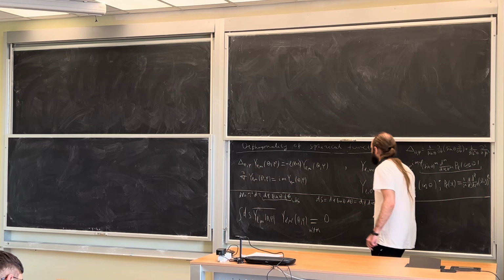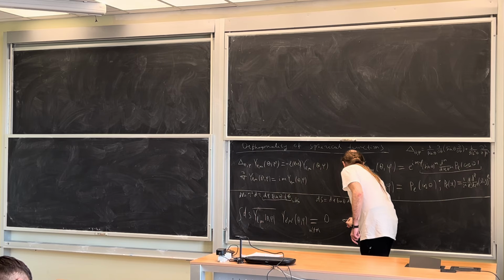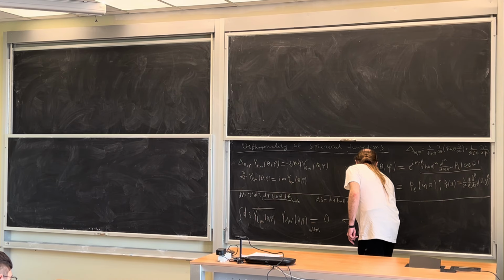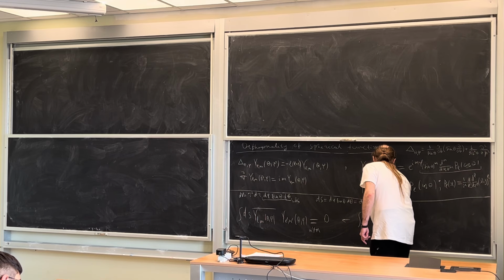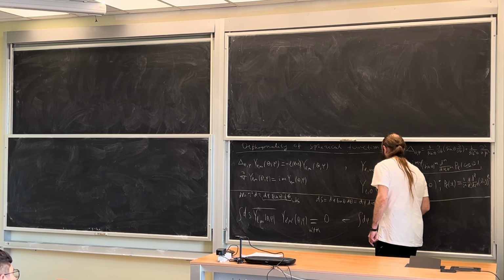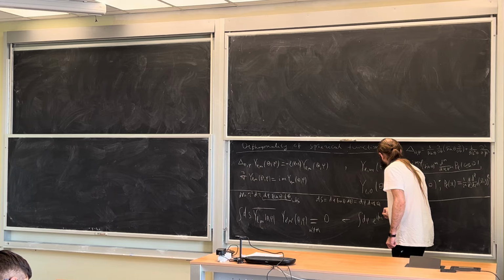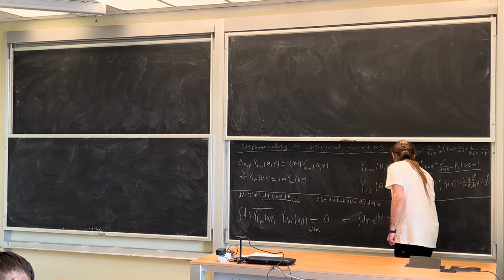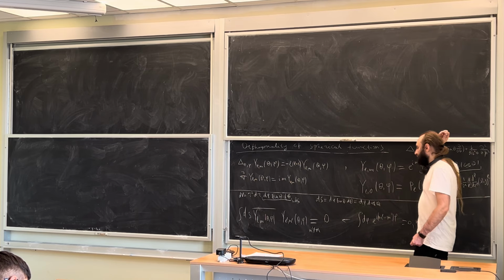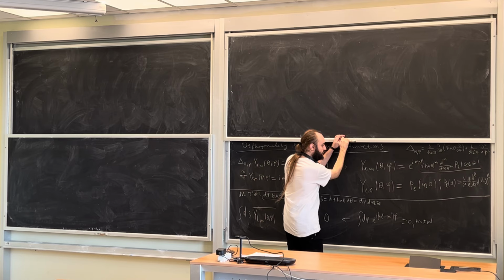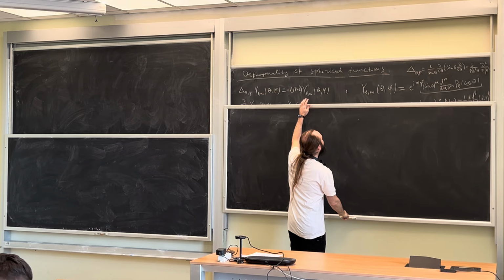The integral in phi of e to the i (m prime minus m) phi equals 0 if m is different from m prime. So it is 0 for this reason.